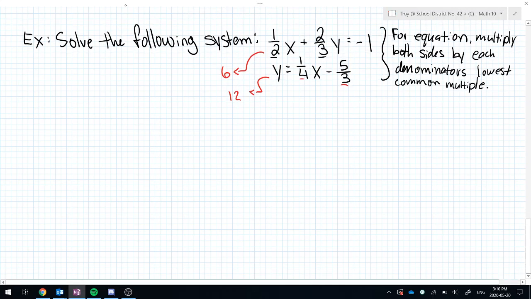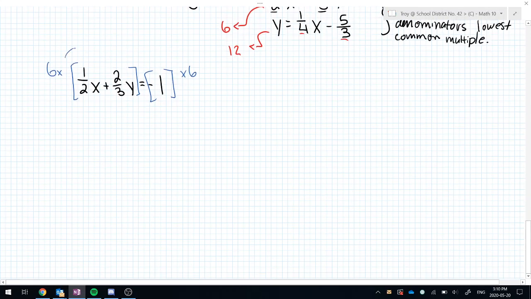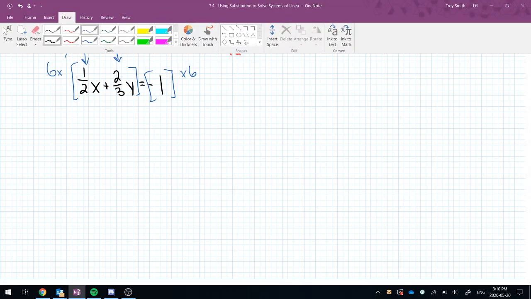Okay, so what I'm going to do now is take 1/2 x plus 2/3 y equals -1, and multiply everything on this side by 6, and everything on this side by 6. And when I do that, of course, on this side, I need to use my distributive property. It looks a little crazy, but life will be easier, trust me.